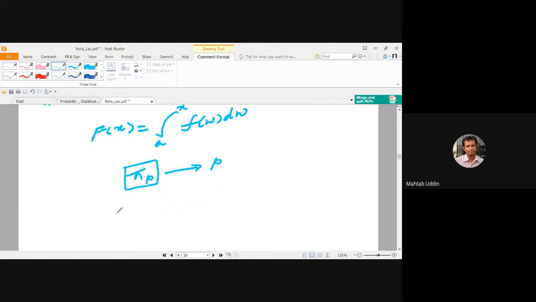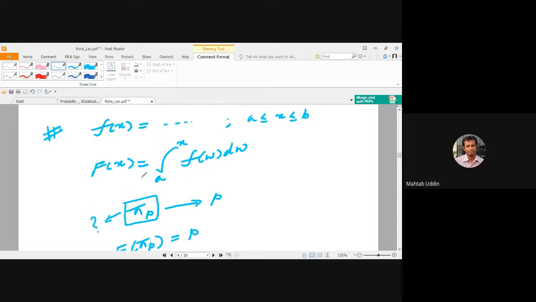Then you have to write F of phi p is equal to p. Then definitely you have the function. That is, put x equal to phi p in this function, and solving this you have to find this value. This is the reverse way. I'll show with an example.